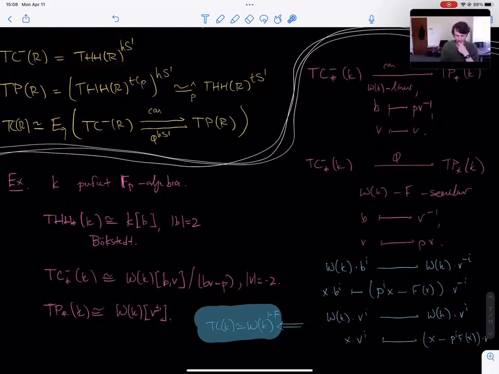And so this B lifts to a degree 2 class of TC minus, and there's another degree -2 class coming from the cohomology of CP infinity that lifts to a degree -2 class. Those multiply and they give you an element in pi 0. It turns out that pi 0 is the Witt vectors and that they multiply to the element P.